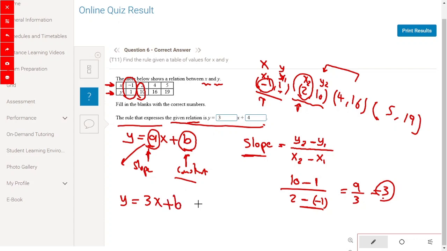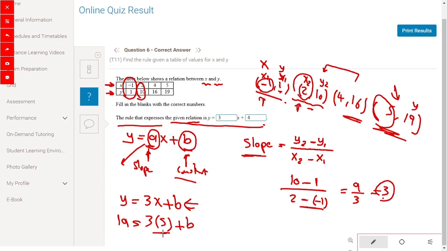Now we need to get b. To get b, let's substitute with any point in this equation. For example, let's take this point, 5 and 19. So here y is 19 equal to, and x is 5. So 3 multiply 5 plus b.